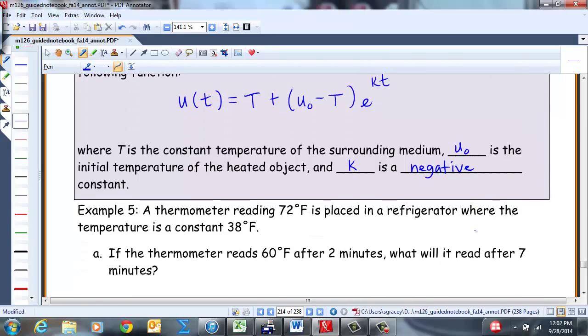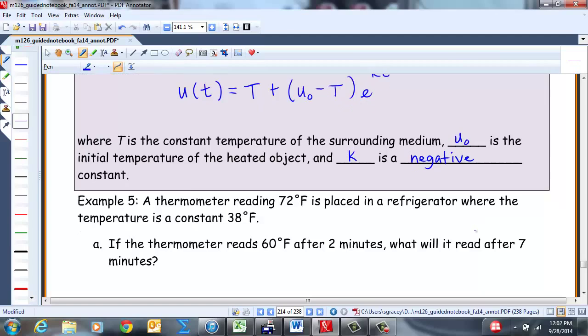Okay, so let's do it. A thermometer reading 72 degrees is placed in a refrigerator where the temperature is a constant 38 degrees, and this is in Fahrenheit. Then we need to work with the model with the given information to figure out what K is. So yet again, we're going to find K, right?